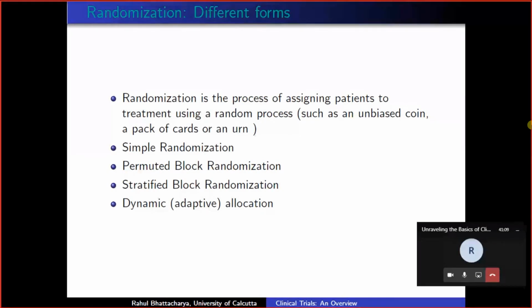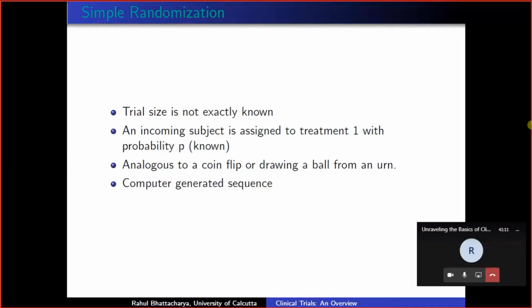Now what is simple randomization? Here the trial size, that is the number of patients to be recruited in the trial, is not exactly known. Some sequential type of trial. An incoming subject is assigned to treatment 1 with probability P. This P is known. Say for a 1:1 trial, your P is half. If 2:1 randomization is used, then P is 2/3.